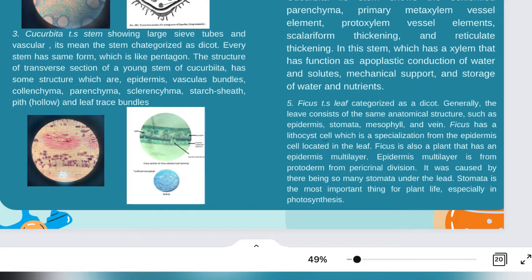Ficus is also a plant that has a multilayer epidermis. Multilayer epidermis is from protoderm from periclinal division. It was caused by there being so many stomata under the leaf. Stomata is the most important thing for plant life, especially in photosynthesis.